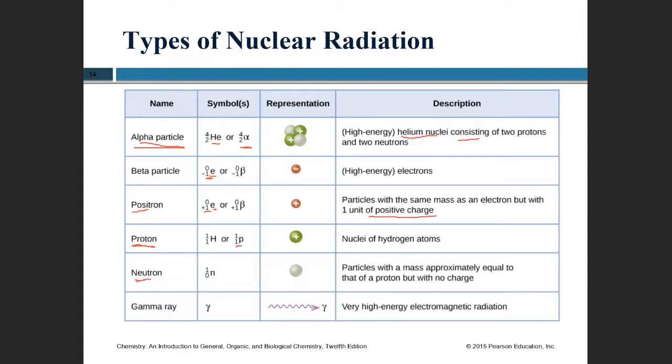The neutron, which is n 0 1, is a particle with a mass approximately equal to that of a proton, but with no charge. So the difference between the neutron and the proton is that the proton has a positive charge, while the neutron has no charge. The gamma rays are very, very high energy electromagnetic radiation. That's why we write 0 here and 0 here. So there is no charge and no change in the mass.